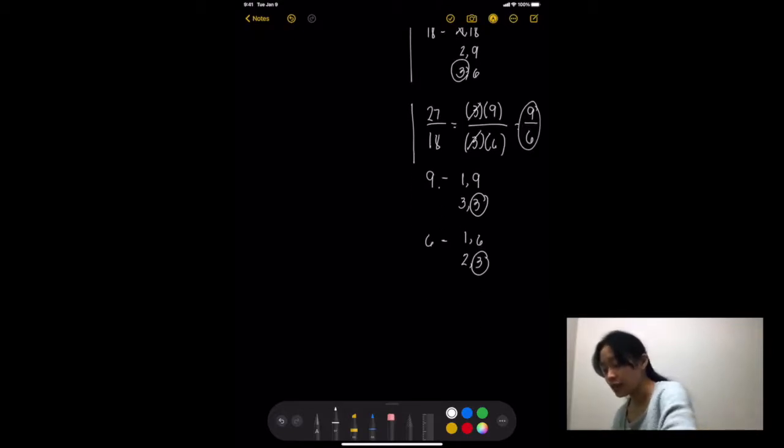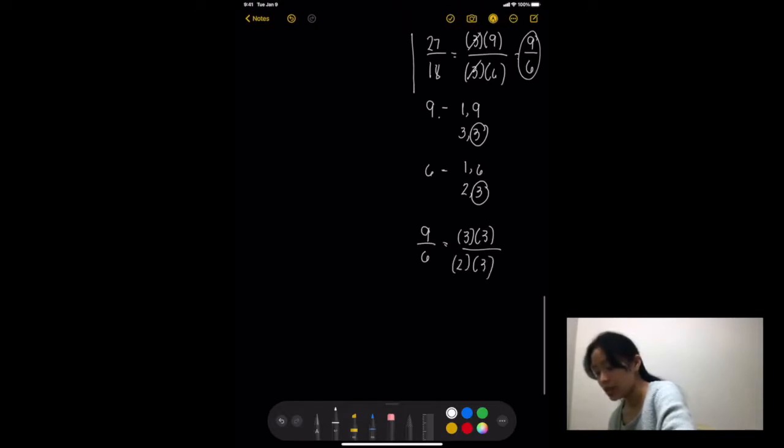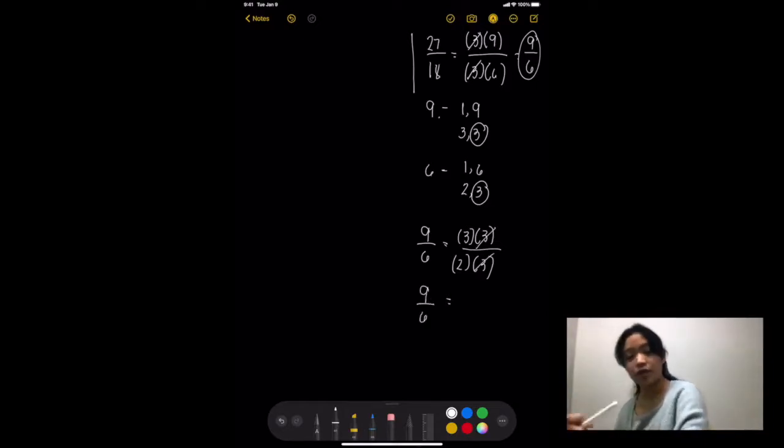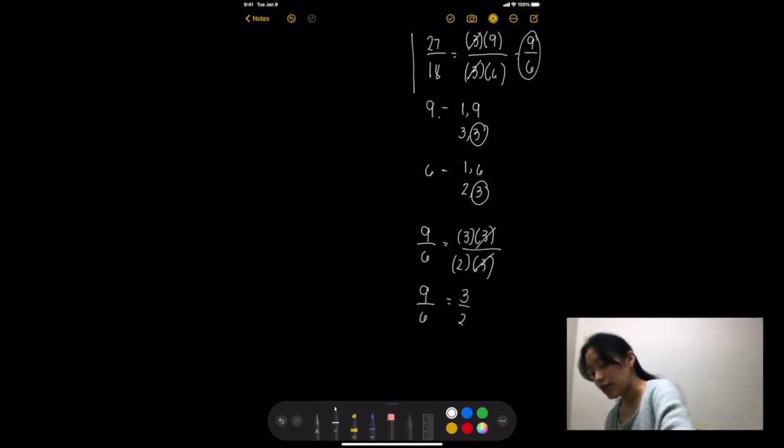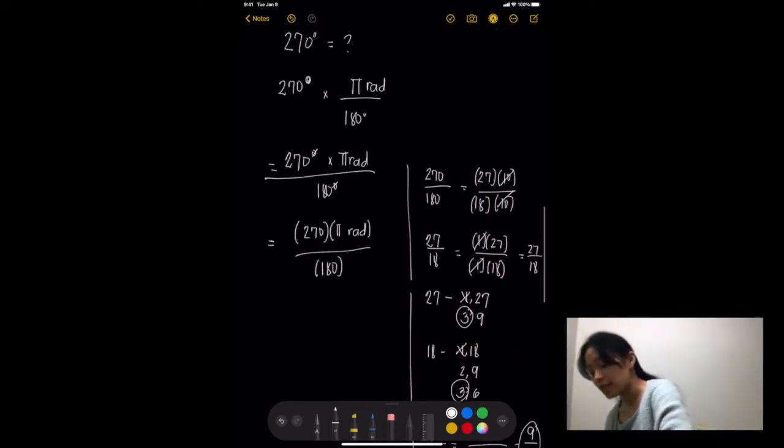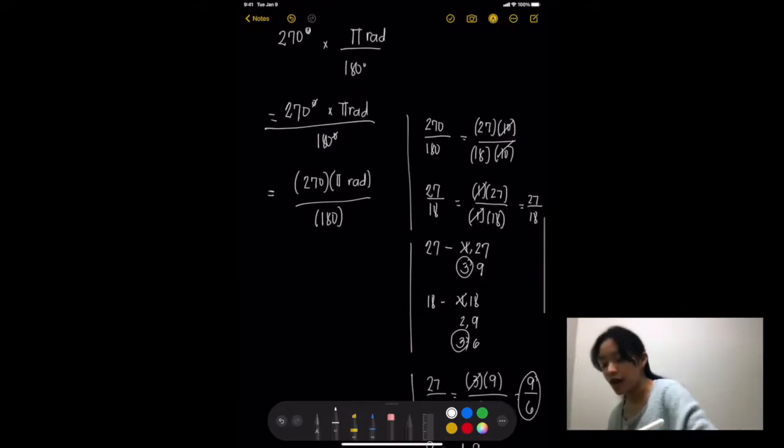So note that we still have a common factor of 9 and 6, that is 3. So we can write down the fraction 9 over 6 as 3 times 3 divided by 2 times 3. So the common factor is 3, so we can cancel out 3 in both the numerator and denominator, and the final answer, the simplified form, would be 3 halves.